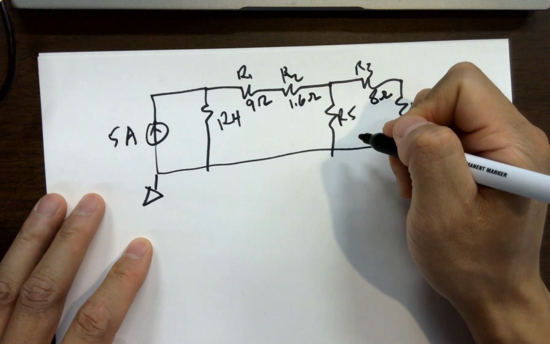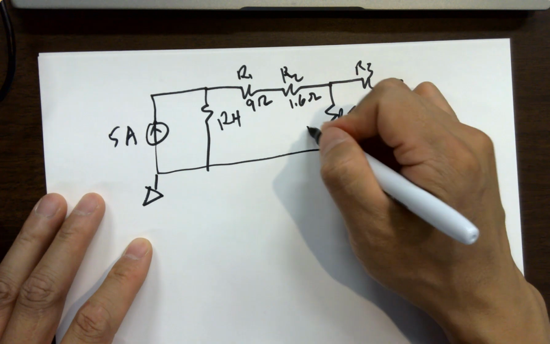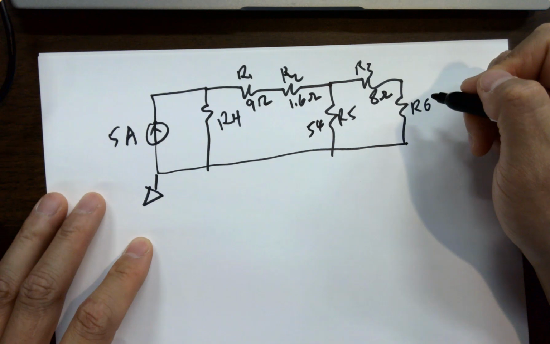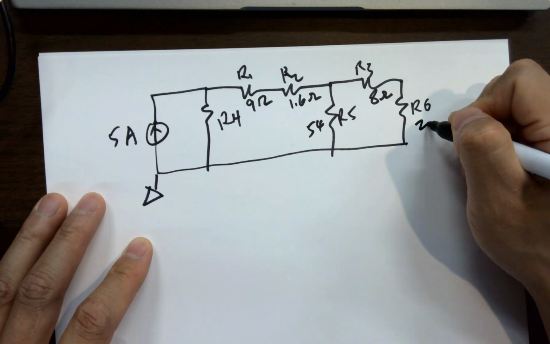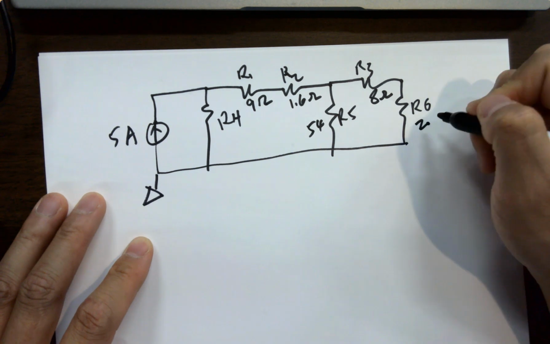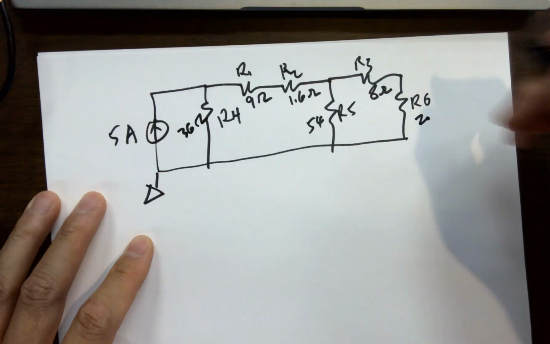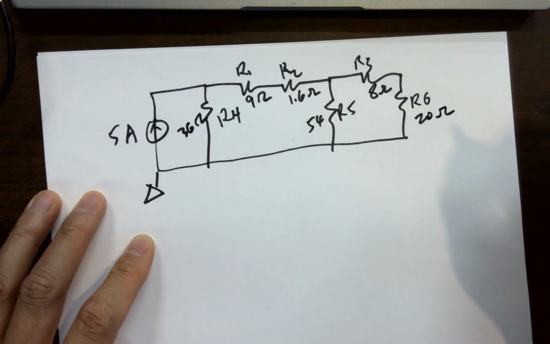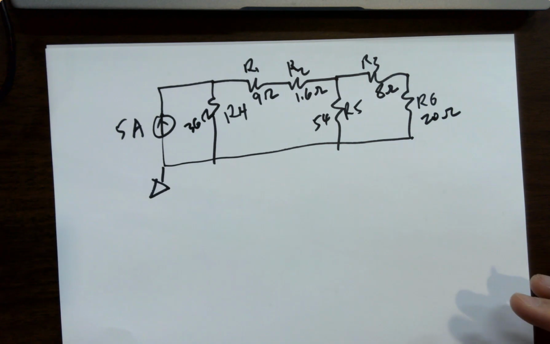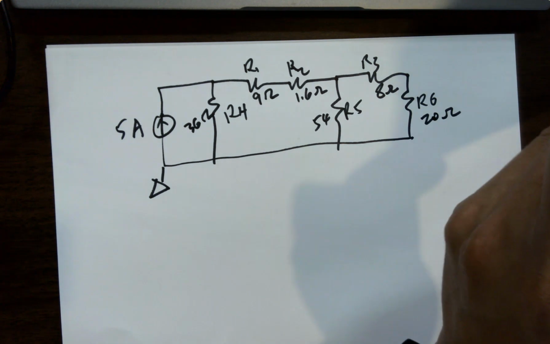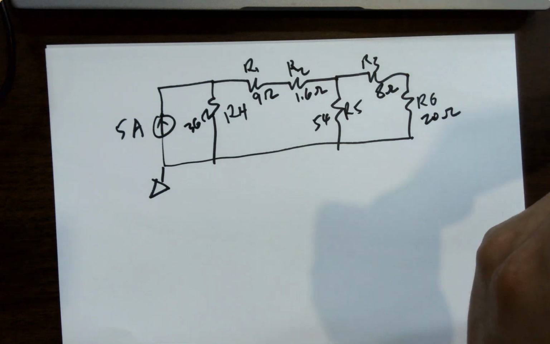R5 is 54. R6 is 20. Wait, R4 is 36. It's asking for the current in R2.